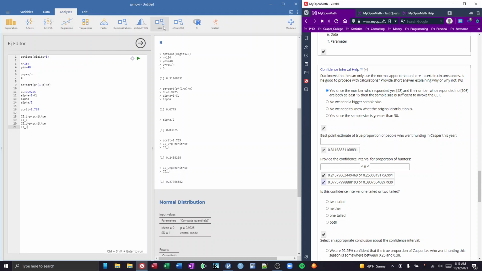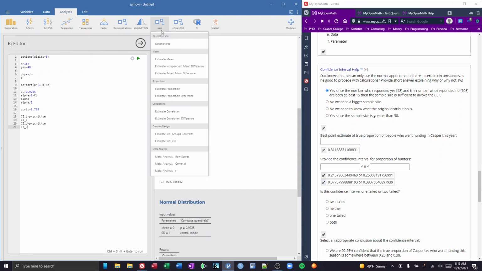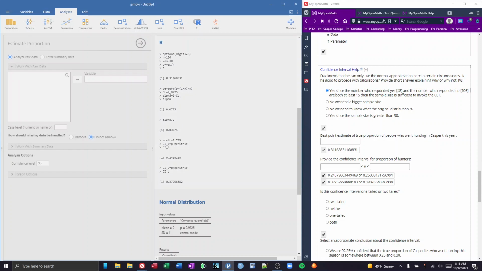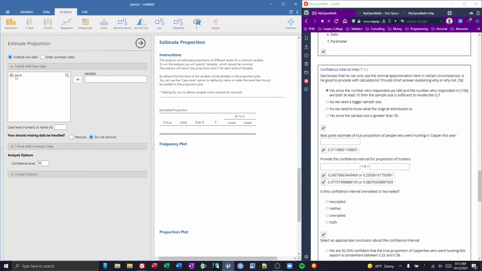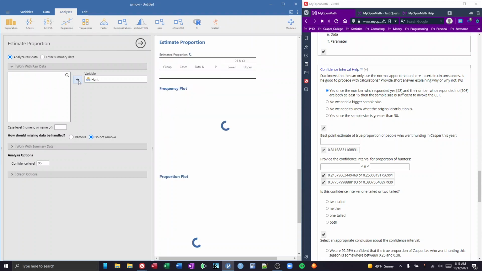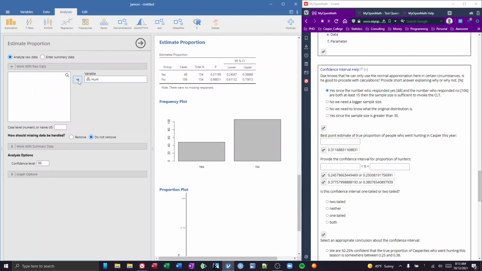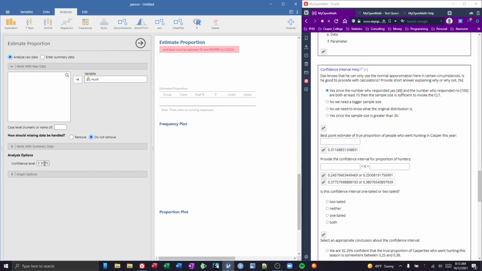And the other way that we can do it is we can do this ESCI. So if we click on ESCI, we come down to estimate proportion. What we can now do is click on hunt, click over to variable, and we can just say, okay, give us a confidence interval of 0.9225. Oh, sorry. We've got to get rid of the point.